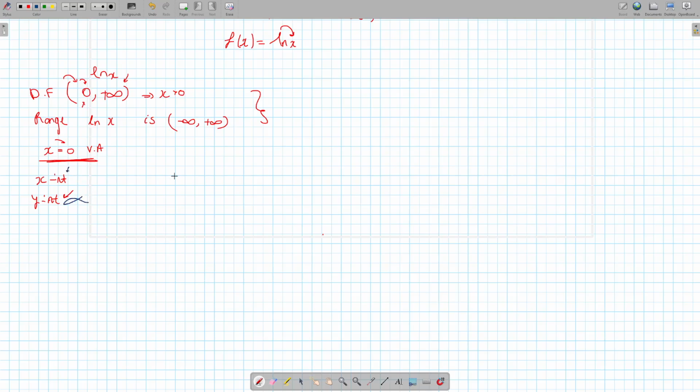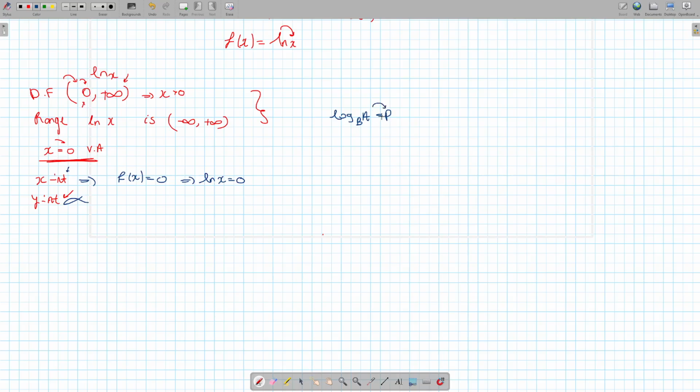How about your x-intercept? At what point will the graph cut the x-axis? If you don't already know how to find the x-intercept, you basically set your equation to 0, because when you cut the x-axis, your y value is 0, right? So you just set your equation to 0. When is ln x equal to 0? Remember I told you log base answer equals power.